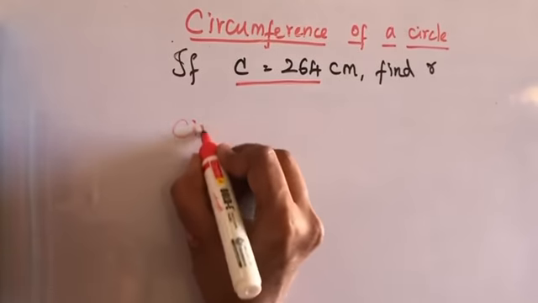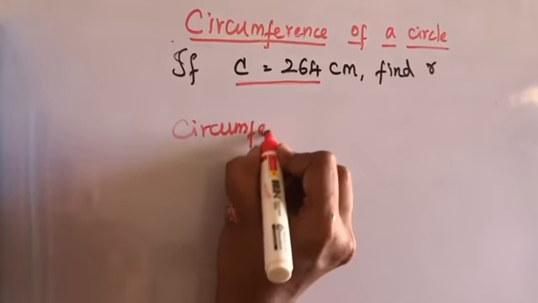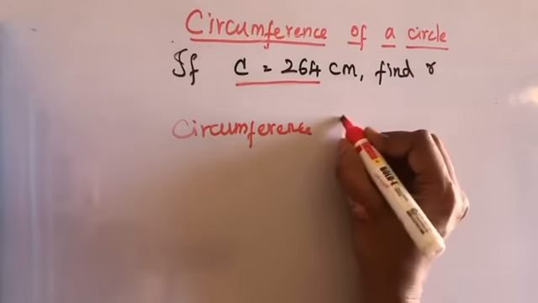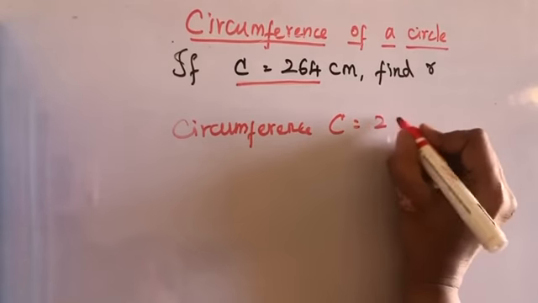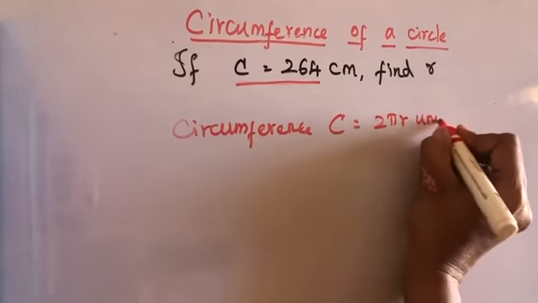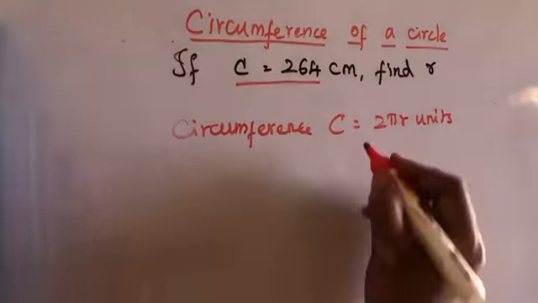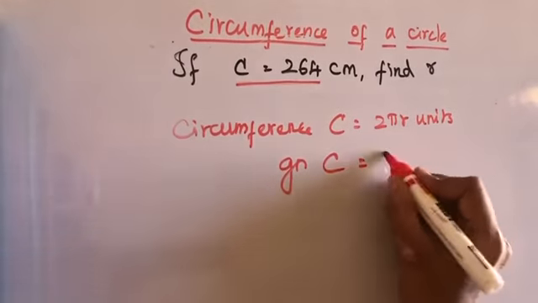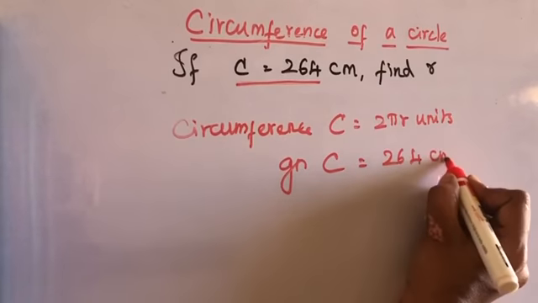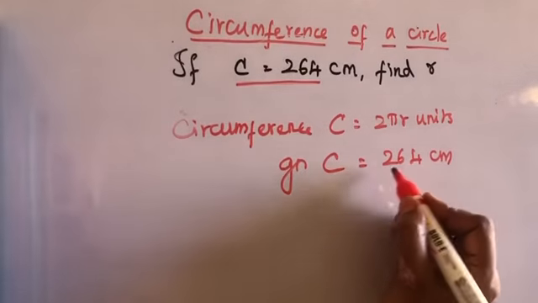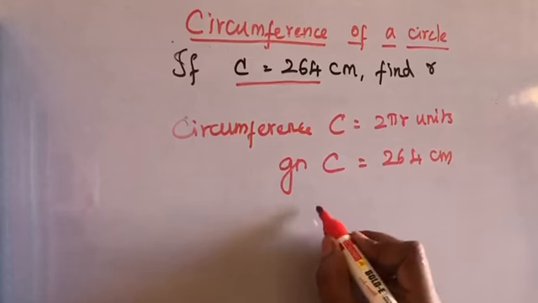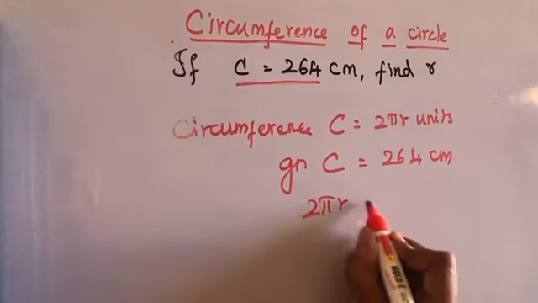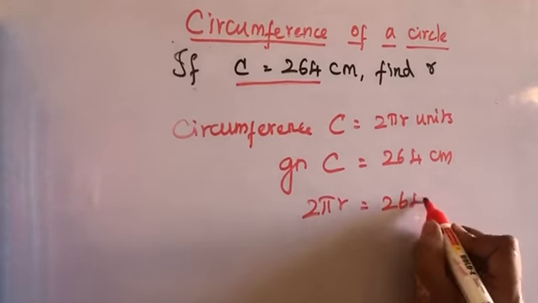So what is the formula for circumference? Circumference C is equal to 2 pi r units. We have to find R. Given C is equal to 264 centimeter. So I write it as 2 pi r is equal to 264 centimeter.